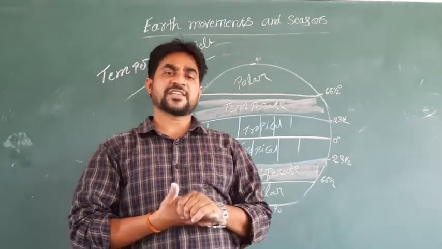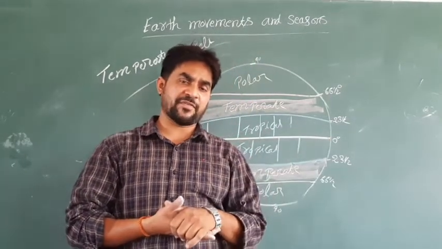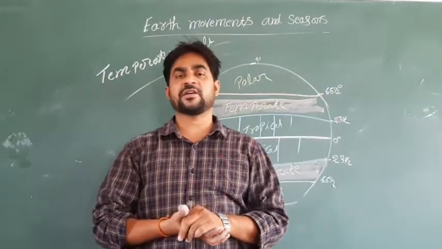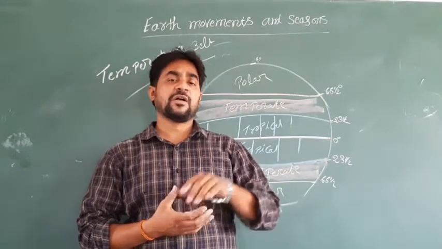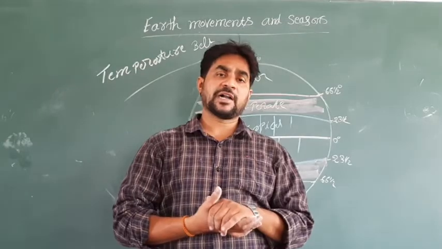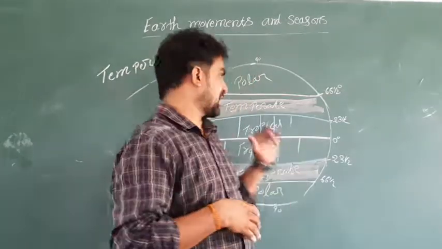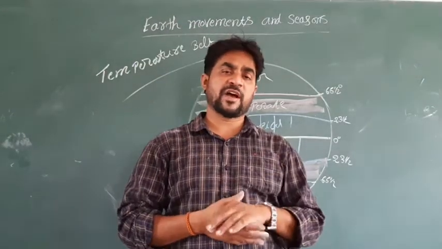Next, the factors for the seasons. First, the shape of the earth is one of the factors. Next one is the rotation of the earth. Next, the tilt, meaning the bending of the earth, how much angle the earth is bending. And the next one, I also explained the revolution. And finally I concluded with the temperature belts, how many belts we have, all these things.